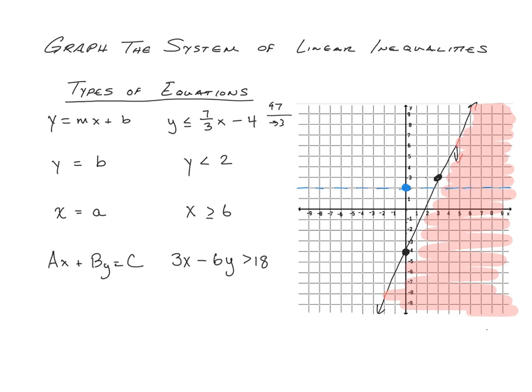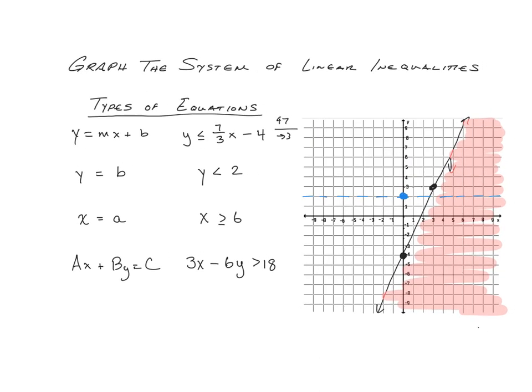Now there's a couple things you can do here. You already have one shaded region. You're going to be shading below this dashed line, but you only shade below the dashed line where shading already exists. I am not going to shade this region because shading doesn't already exist there. That's an important idea here.